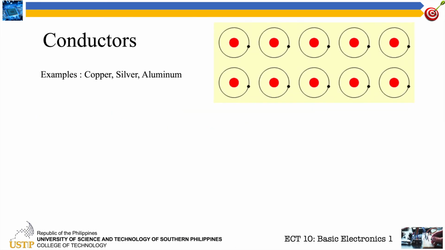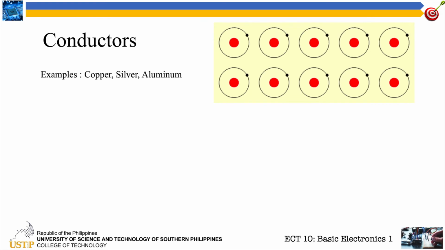Then we move to our conductors, just like our copper, our silver, our aluminum. We also have the definition of superconductors. We have gold. Just like here, our copper in the chemical symbol is number 29. And by our chemistry, how do we arrange these electrons? You have only one free valence electron for our copper atom.